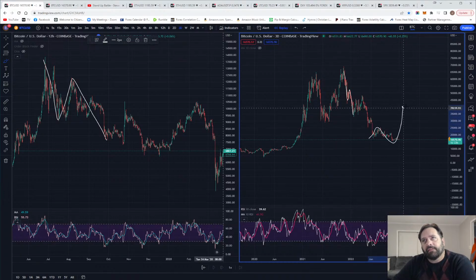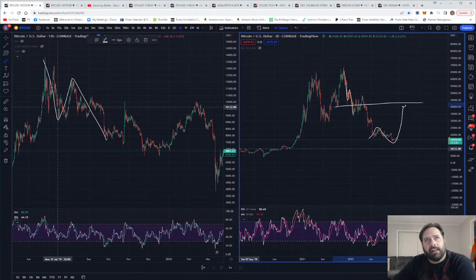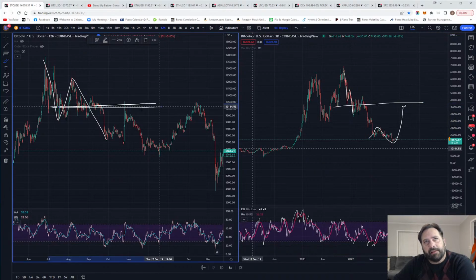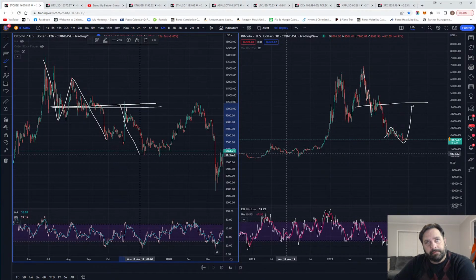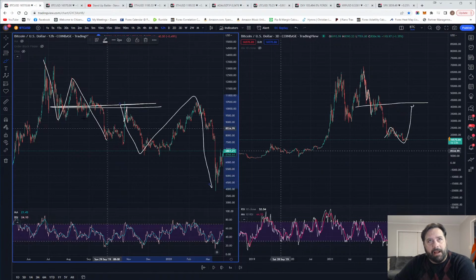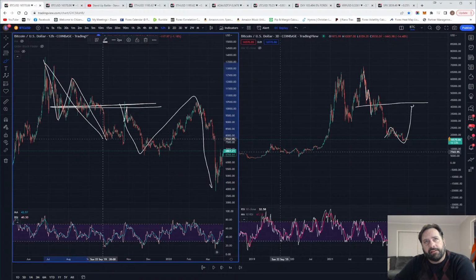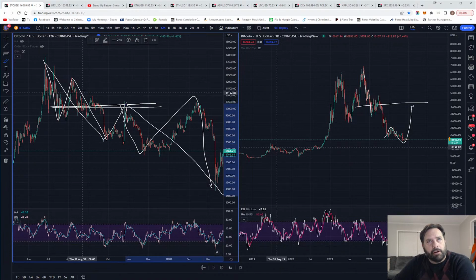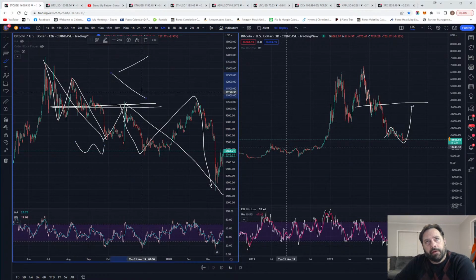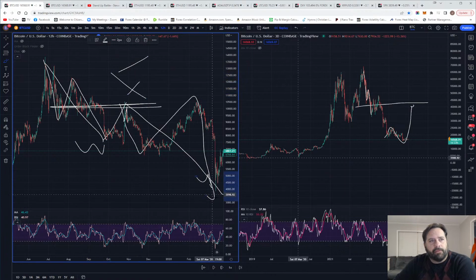That this is going to come back up to this range like this one did. You got this came back up to tag the box and rejected. And then you got this three-wave move down. So ultimately, the correction was a double correction, a large W, X, and a Y is what you got over there.